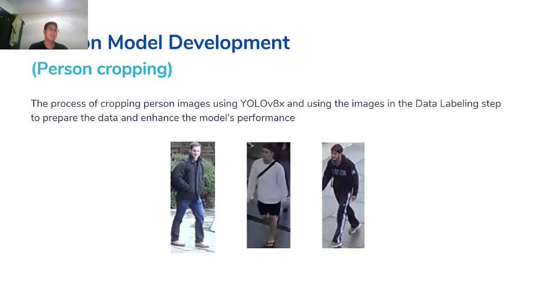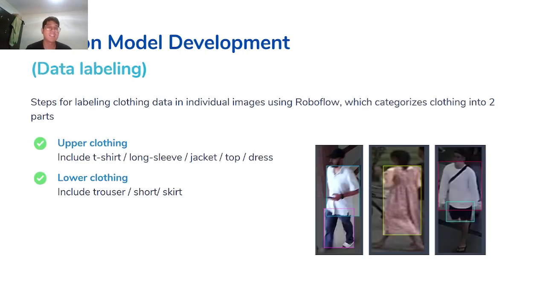After we get the data, we do person cropping. We prepare the data using YOLO V8X on the images, and after that we can label and prepare the data. The next step is data labeling.